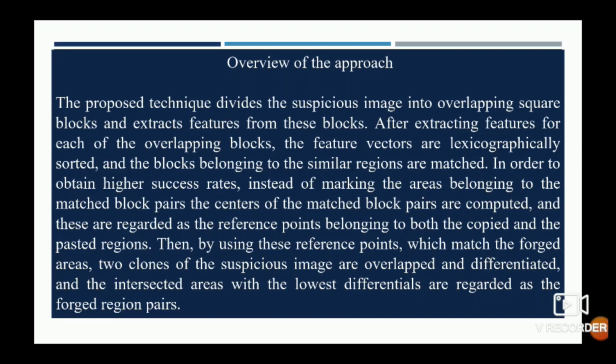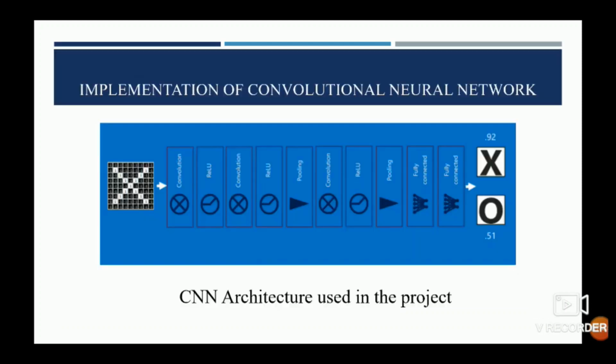Then, in order to obtain a higher success rate, instead of marking the areas belonging to the matched block pairs, the center of the matched block pairs is computed. And these are regarded as the reference points belonging to both the copied and the pasted region.